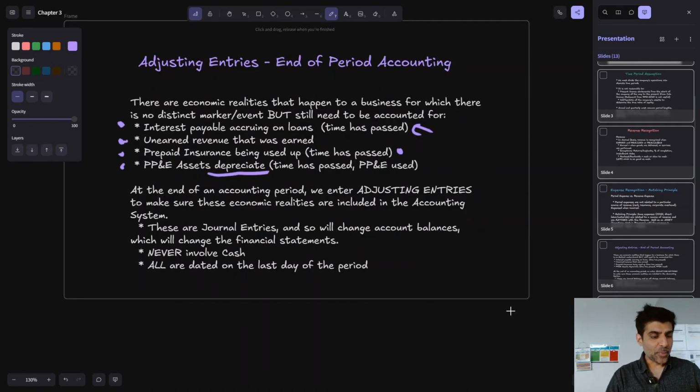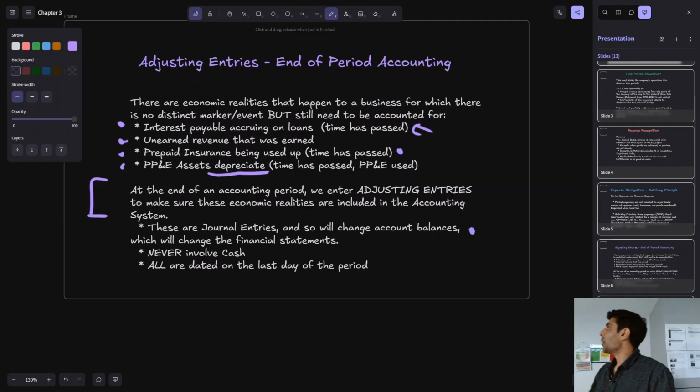Some things to keep in mind about these adjusting entries. They're actually going to change balances. They're just like any other journal entry in that if we did not include them, our financial statements would be different. After we do these journal entries, it changes the balances. For example, with unearned revenue, say the person paid us for 100 hours of work, but we did 30 of it.